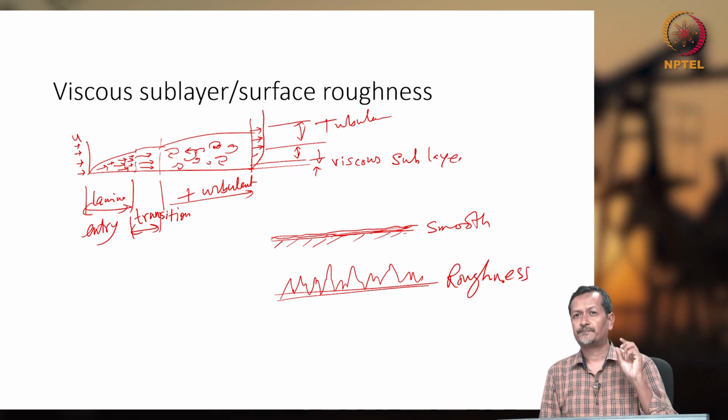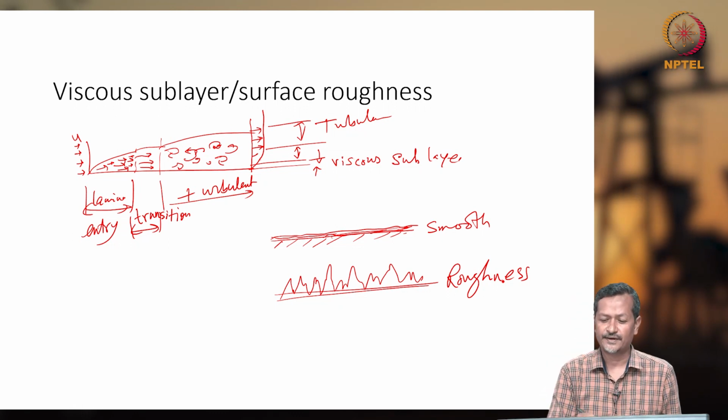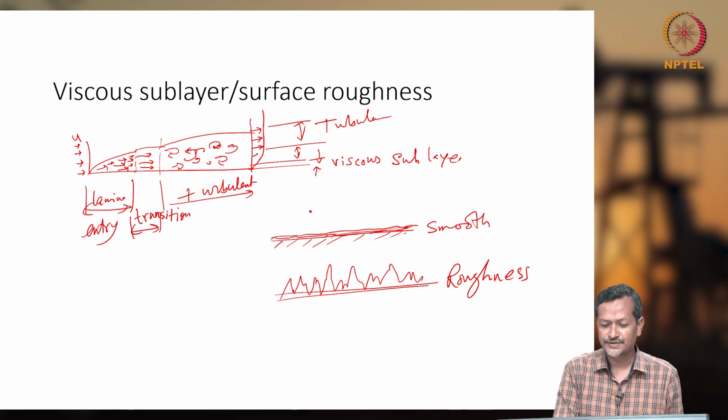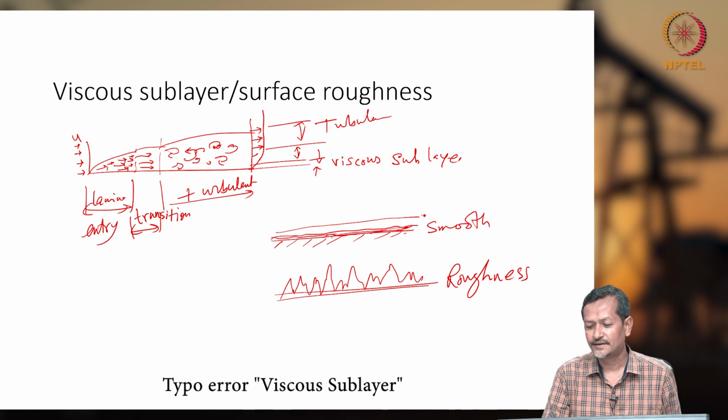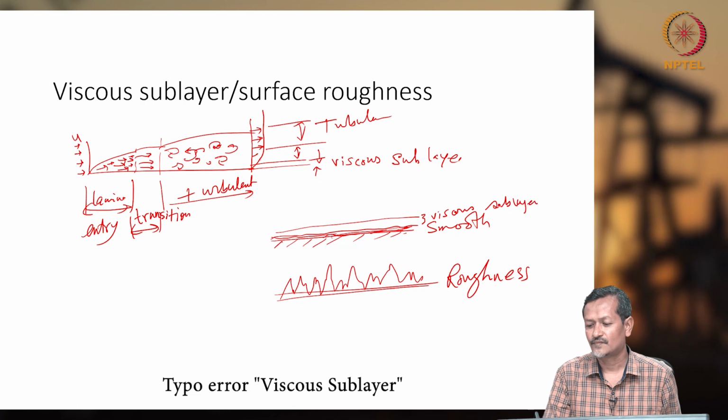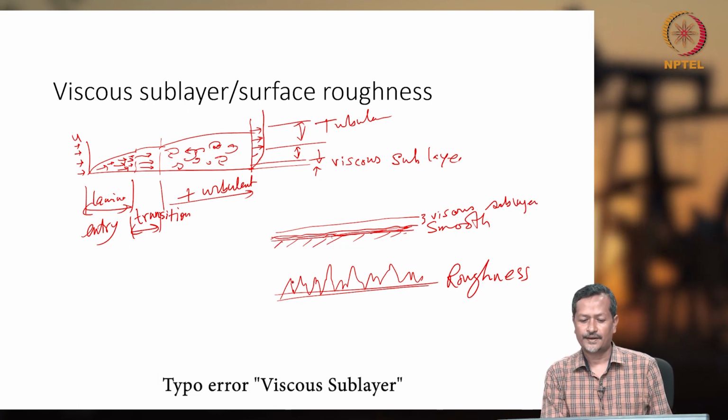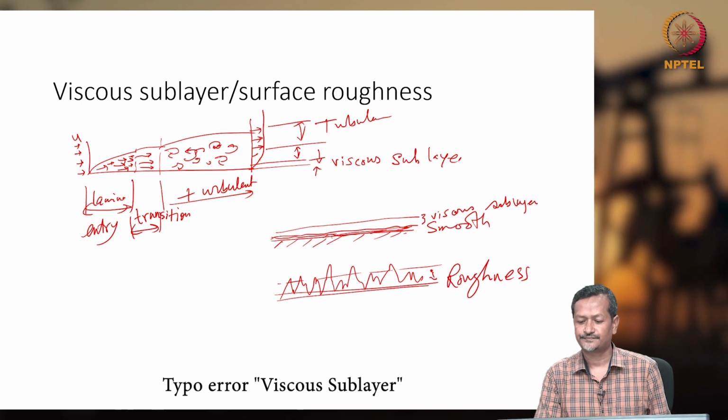When the surface is very rough, the fluid will have difficulty flowing over it. How? When it is flowing, on the surface there will be one viscous sublayer. You see the sublayer, and here another viscous sublayer.